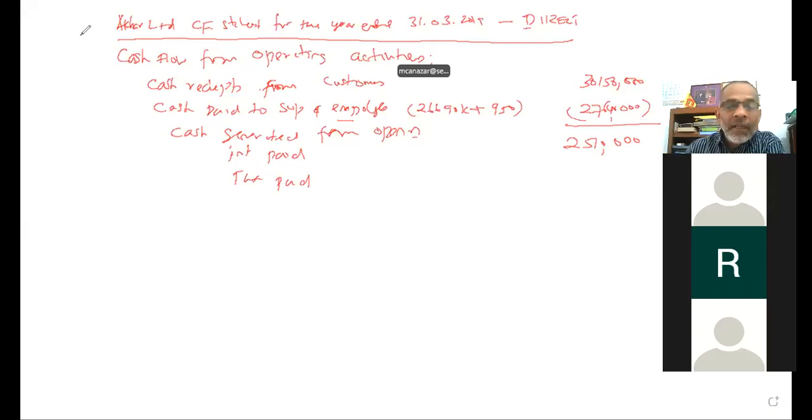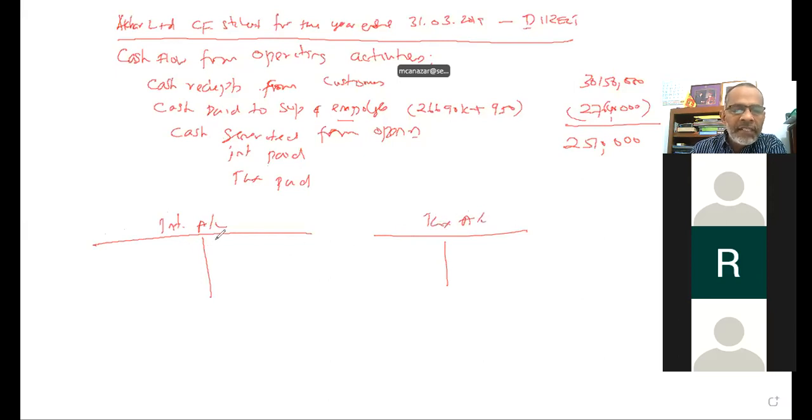Right. For the interest paid also, we have to open an interest account. You have to prepare the interest account, and also the tax account. In the interest account, there will be the opening balance.